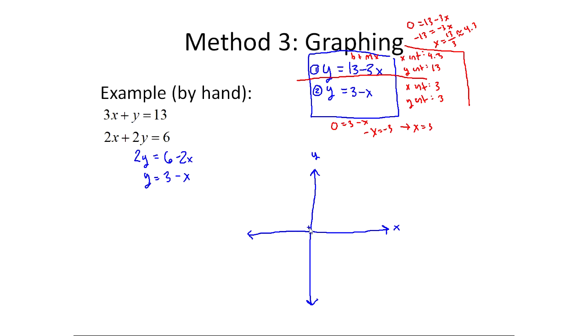So probably what I'll do is I'll count out so that I just get it in there. So there's my 13. And maybe on the x-axis, I don't have to go too crazy. We only go out to 4.3, but I don't want to go that much different. So I'm just going to count out to 10.